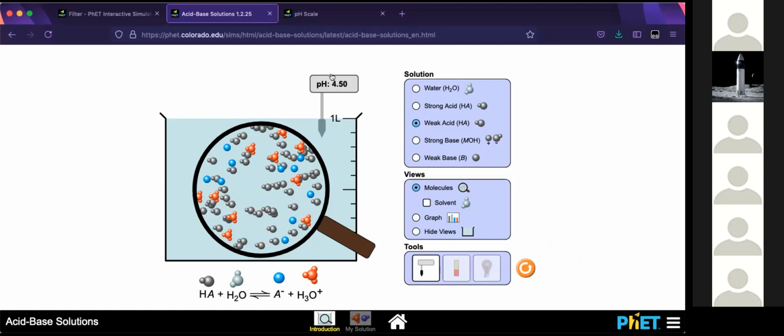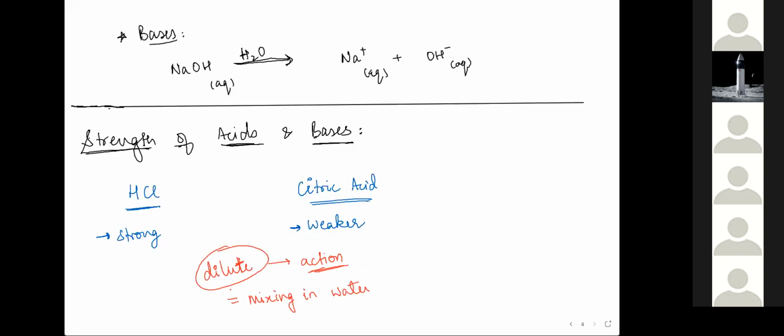Now, pH is an interesting thing. pH is what you use to measure the strength of a solution, whether it is an acidic solution or a basic solution. Measuring something with numbers is really important because it gives you an idea. If I just tell you I have HCl and H2SO4, one is strong, the other is less strong, you can't do anything with that information.